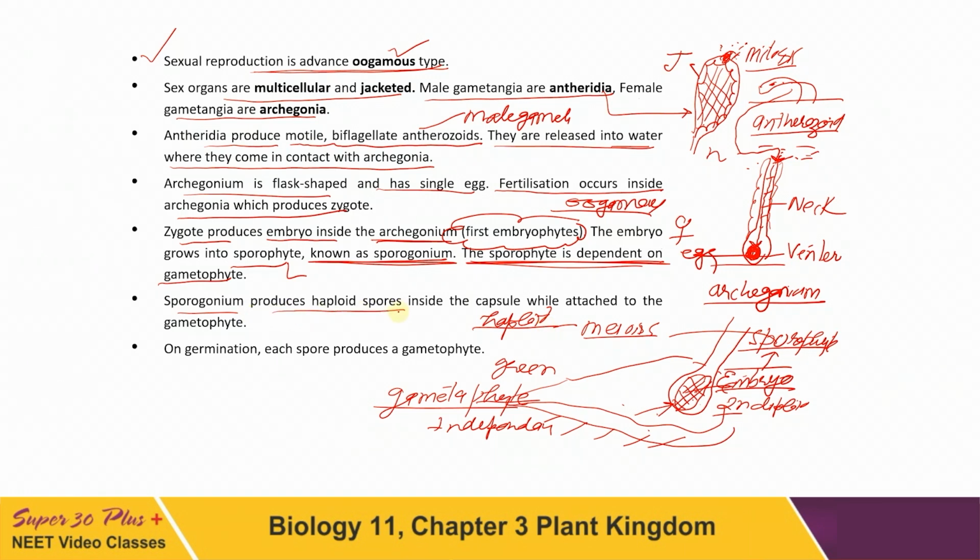Sporogonium produces haploid spores by meiosis, which are inside the capsule. The capsule is attached to the gametophyte, and on germination the spore will make the gametophyte. These spores produced here will again develop into the haploid gametophyte. Is it very much clear?